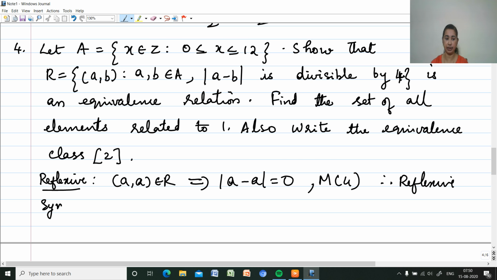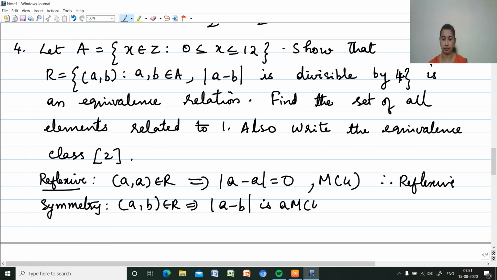Then to check symmetric, (a, b) element of R means modulus a minus b is a multiple of 4. Then modulus of a minus b being a multiple of 4 means modulus of b minus a will also be a multiple of 4.